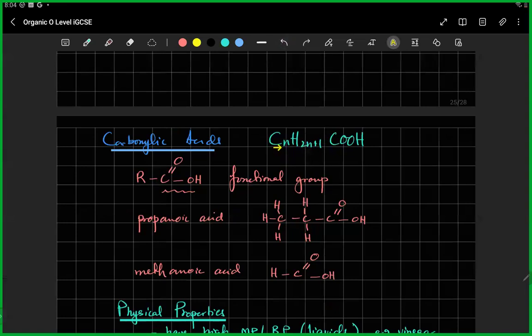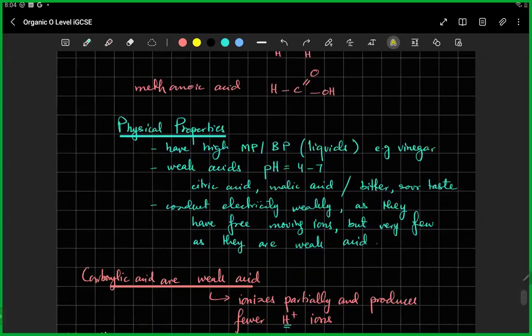Propanoic acid is 3, so here you take 2, because 1 is already there. So it's going to be C2. H will be double plus 1, so that's 5, and then COOH. So that's C2H5 and then COOH. Okay, let's use this general formula.